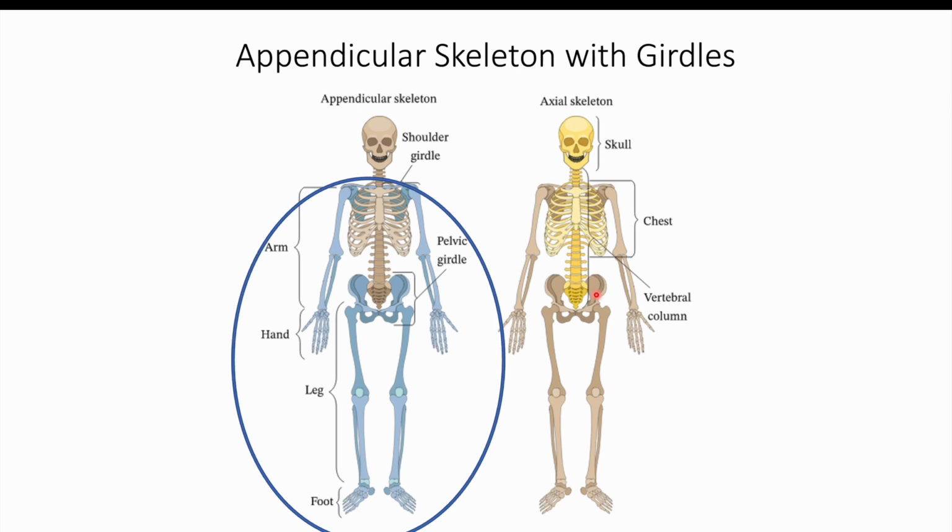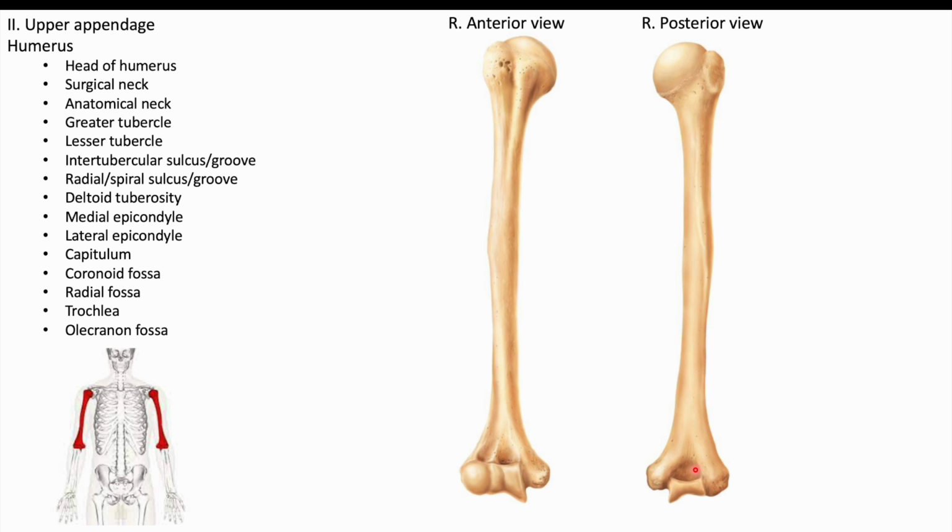Now, if you were to flex your elbow, so like a bicep curl, then the bones of the ulna is going to come into more contact with the coronoid fossa in the front. So whenever you're flexing, the ulna moves closer to the coronoid fossa, but when you extend your elbow, such as doing a tricep curl, you can see that the bones of the ulna is going to come into contact with the olecranon fossa more, and you cannot hyperextend your arm because, again, it can only go so far right here.